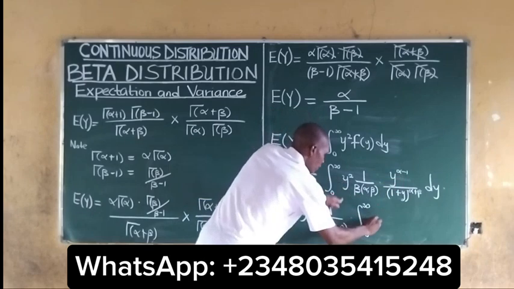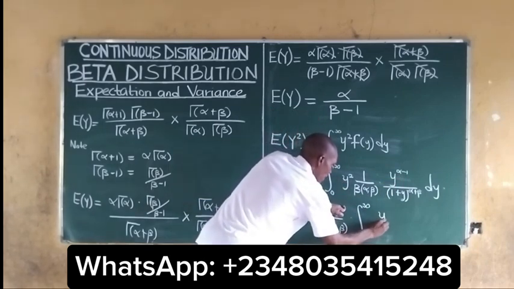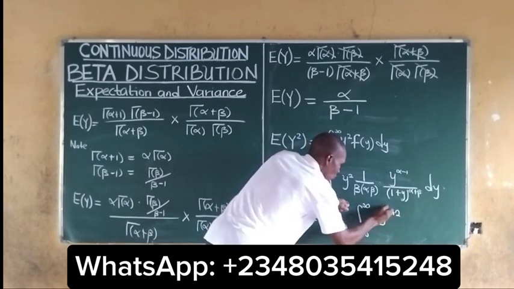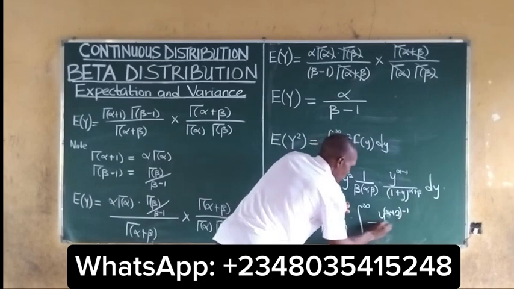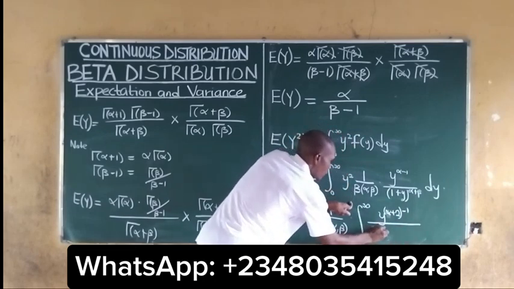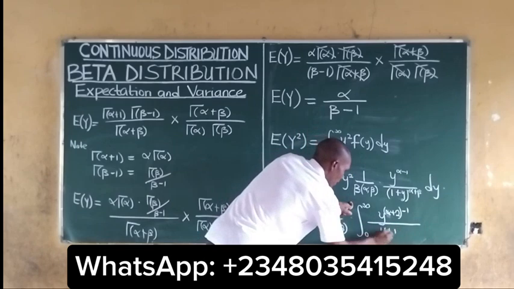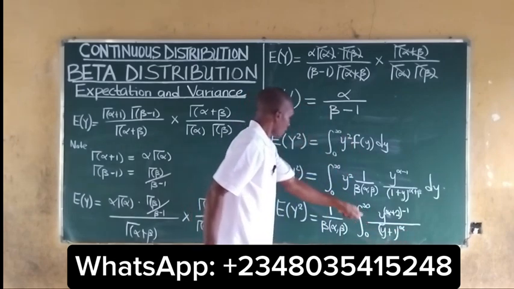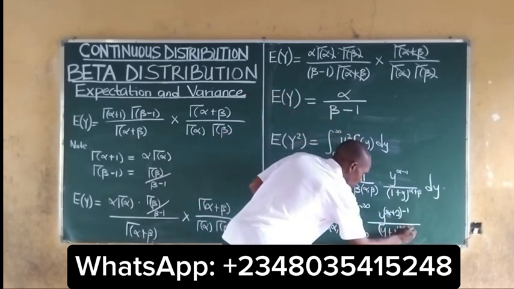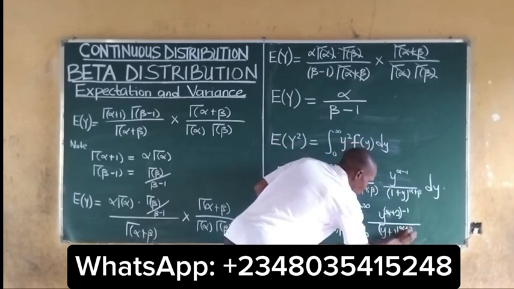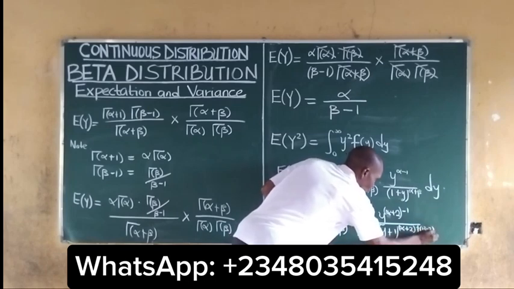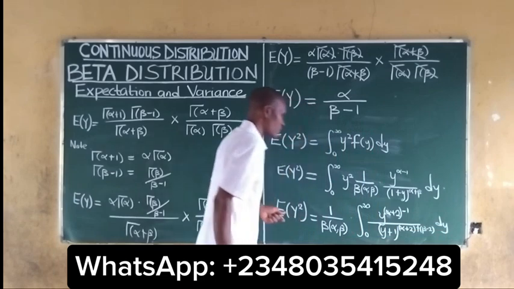This y will go back to this, so we'll have y to the power of alpha plus 2 minus 1 all over 1 plus y, into alpha, because it's y squared, we now put alpha plus 2, plus beta minus 2, dy. It's still the same thing.